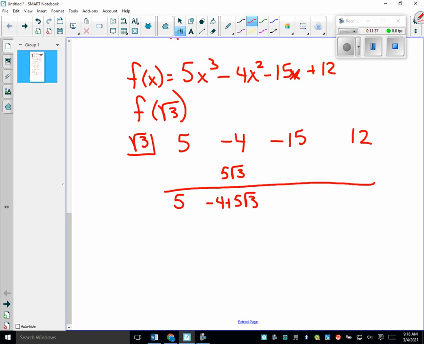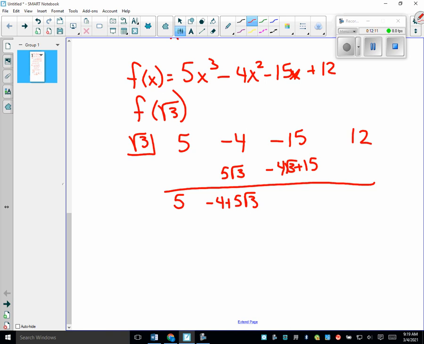It's just negative 4 plus 5 radical 3, and I'm going to multiply it times radical 3. Isn't that negative 4 radical 3 plus 15?